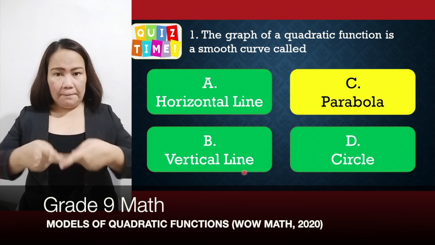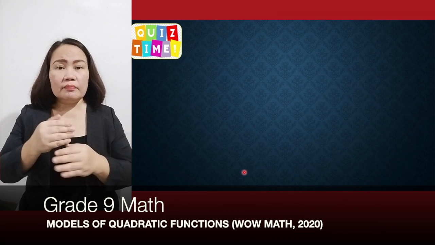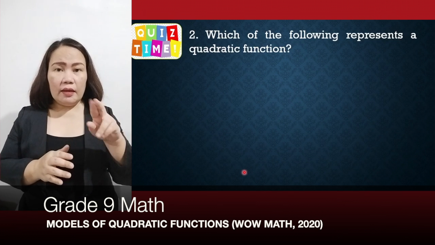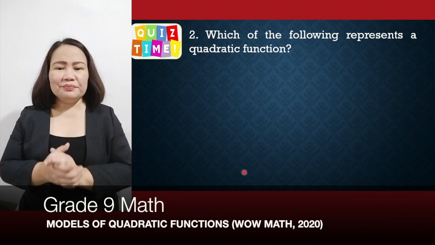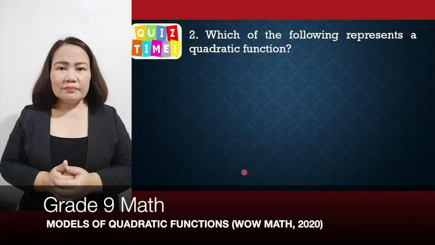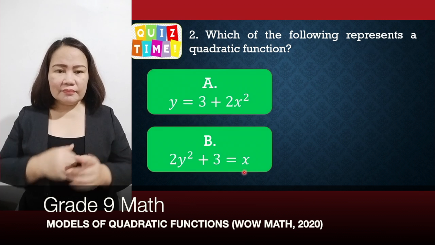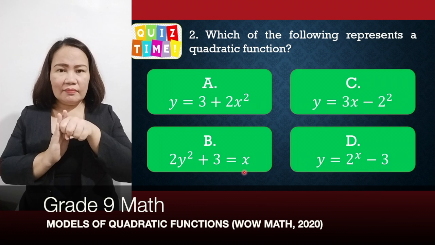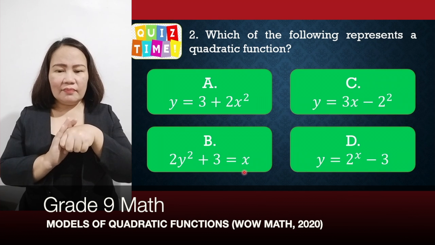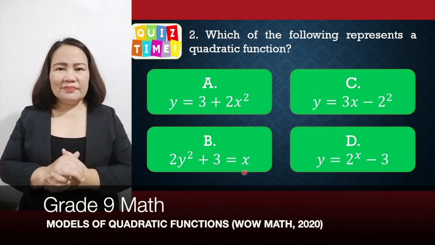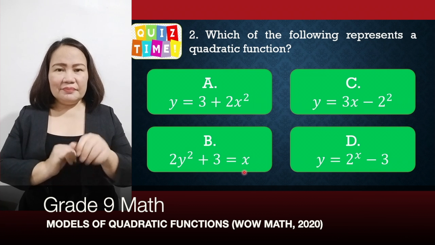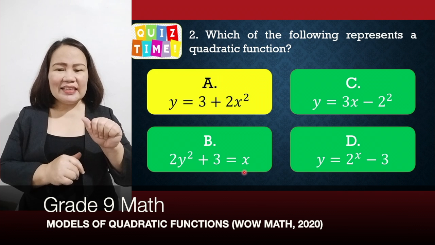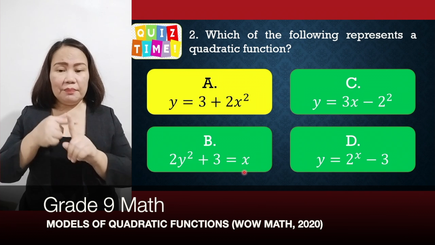Very good. Next question. Which of the following represents a quadratic function? Here are your choices. I'm giving you 5 seconds. Okay, so the answer is A. Y is equal to 3 plus 2x squared.